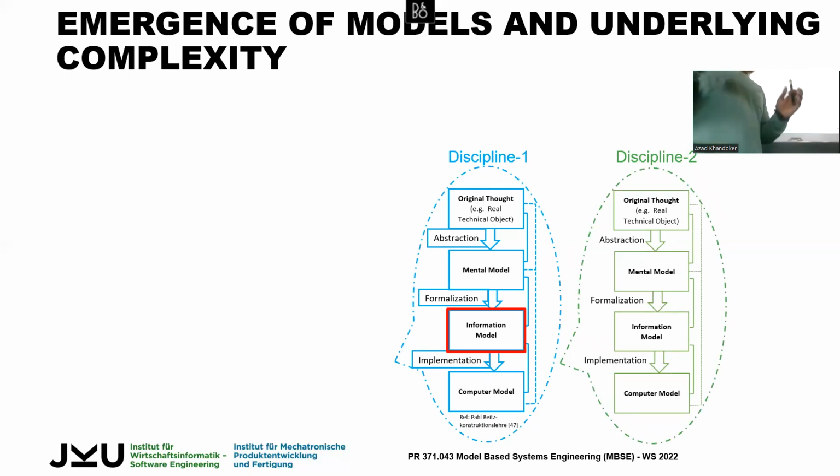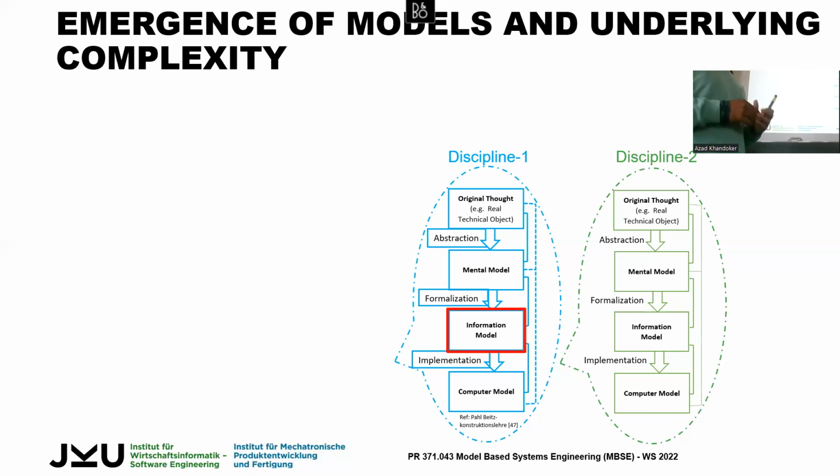So you see, when we are thinking about some solutions, the first thing that comes to our mind is the original thought. This is really very abstract. As soon as you are not writing it down somewhere or discussing with someone, you do not have a proper understanding of what you are thinking of.